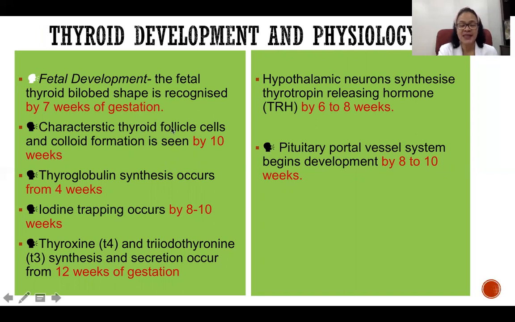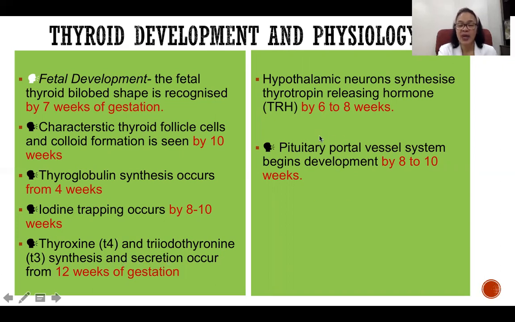And by 10 weeks of life, there would be thyroid follicle cells and colloid formation. And by 4 weeks, there would be thyroglobulin synthesis already. And iodine trapping may occur by 8 to 10 weeks. At 12 weeks of gestation, the T4 and T3 synthesis will occur.